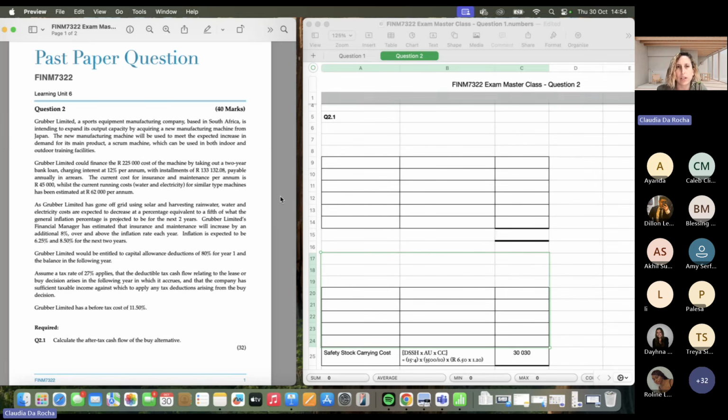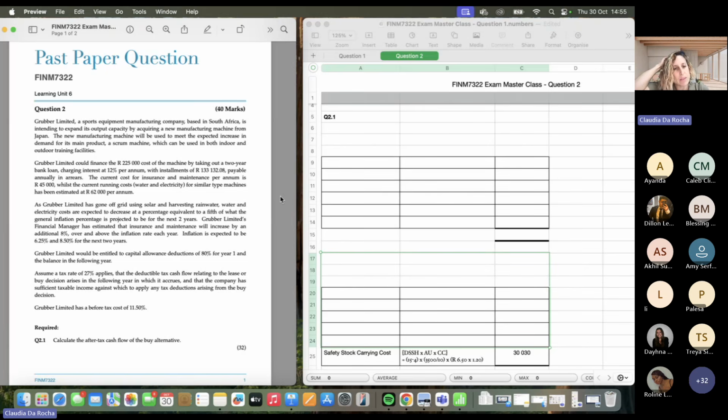Okay, that's very important here. And the other thing is that they have sufficient taxable income against which to apply the tax deductions. Because if you understand tax, you cannot take into account a loss unless you have taxable income against which to deduct it from. Okay, it's very important.